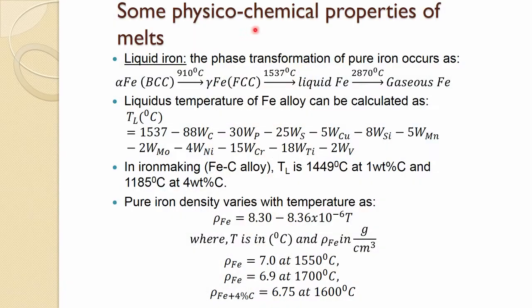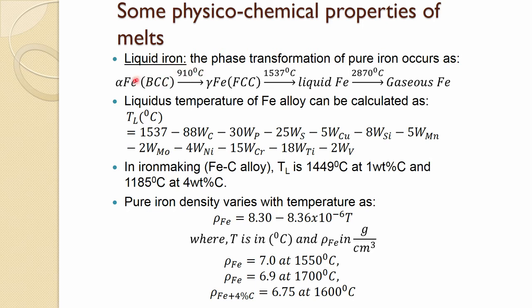But before going to that, we would like to have some physico-chemical properties of melt. So, we have liquid iron. The phase transformation of pure iron occurs as alpha iron, you must be aware of that, body centered cubic.